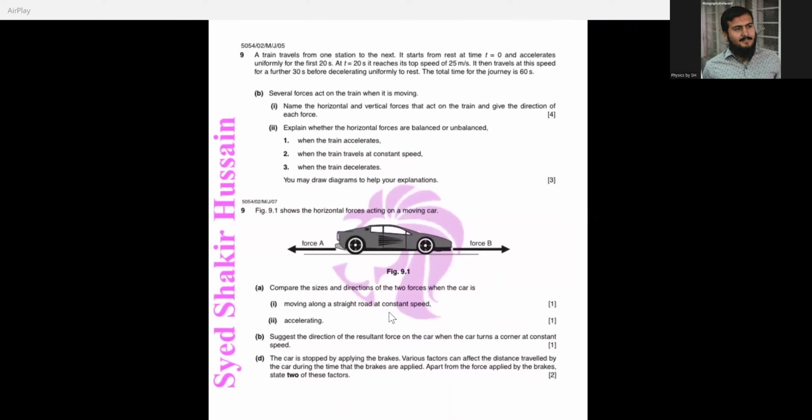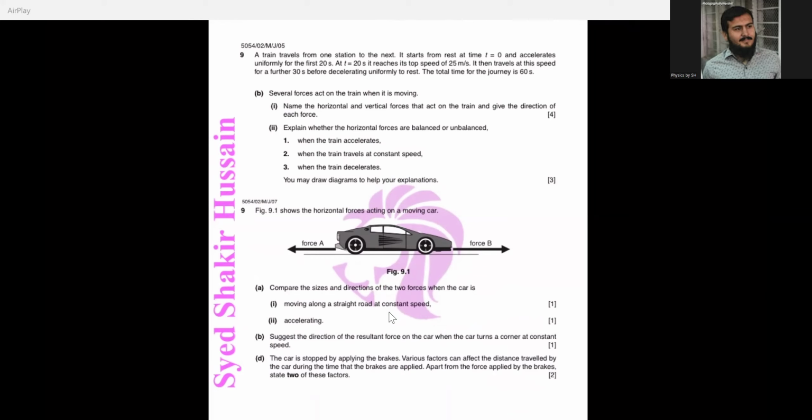The question says a train travels from one station to the next. It starts from rest at t is equals to 0 and accelerates uniformly for the first 20 seconds. At t is equals to 20 seconds, it reaches its top speed of 25 meters per second.